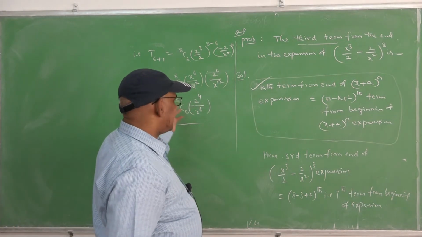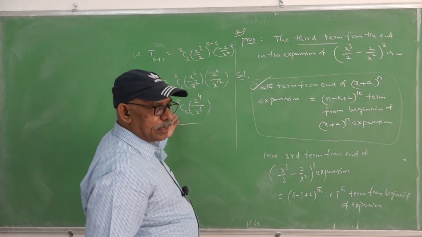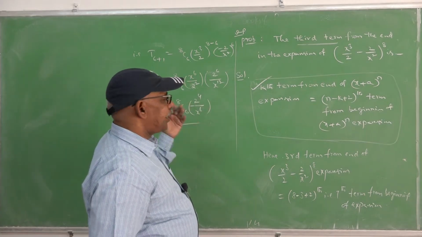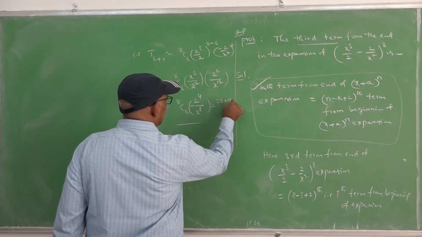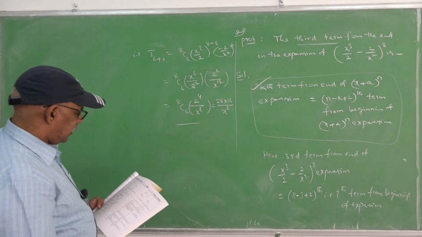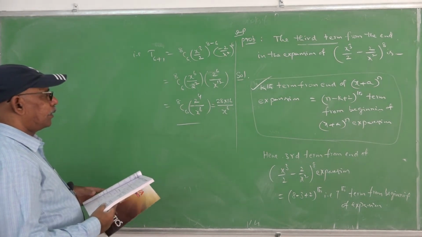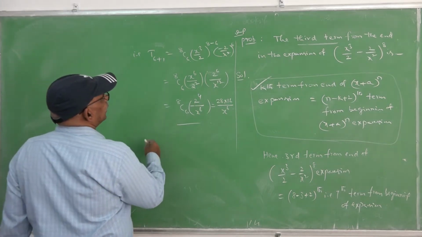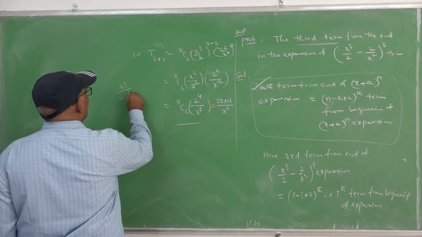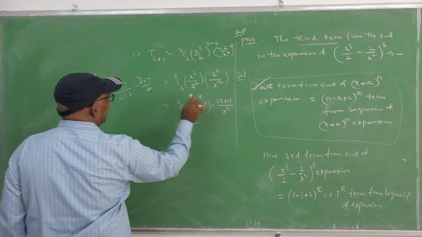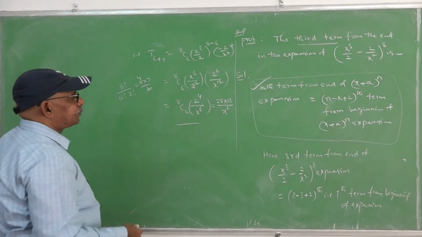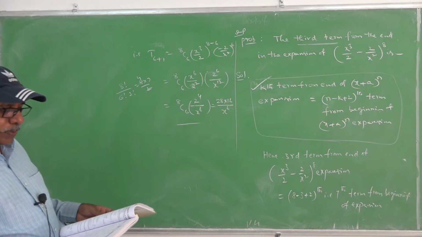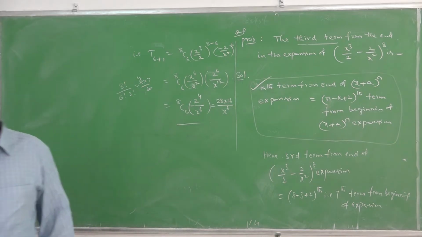You can evaluate 8C6. 8C6 is 8 factorial by 6 factorial into 2 factorial, that is 8 into 7 by 2, which is 28, into 2 power 4, which is 16. So, 28 into 16 by x power 6.